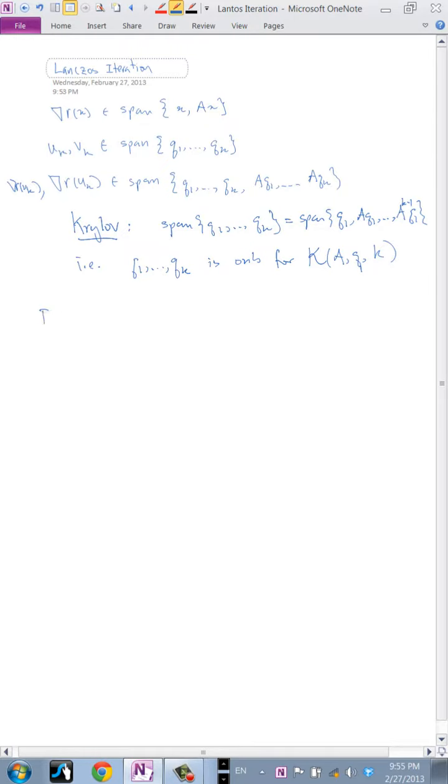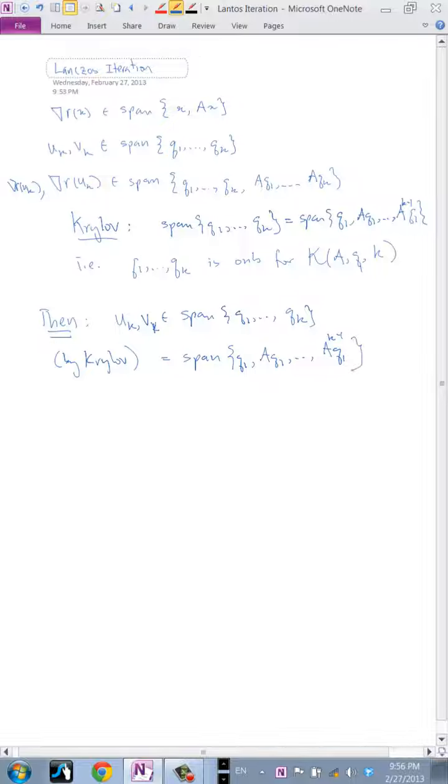If that's true, then u_k and v_k are in the span of q_1 to q_k, which is equal, because it's Krylov, to the span of q_1, A q_1, all the way up to A^{k-1} q_1.